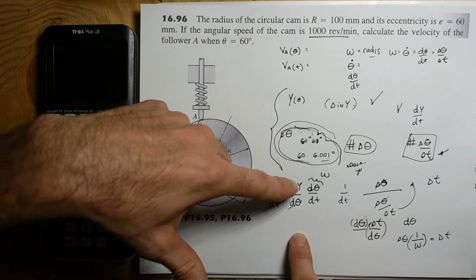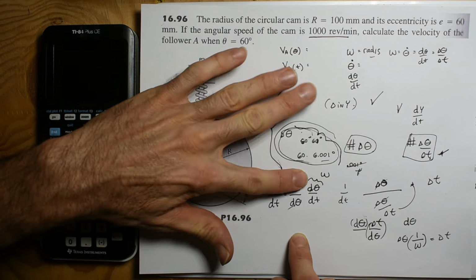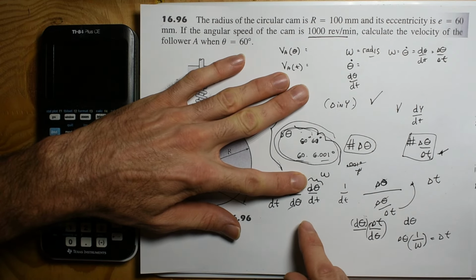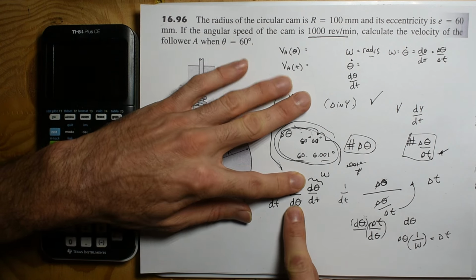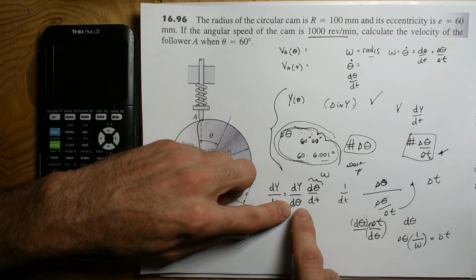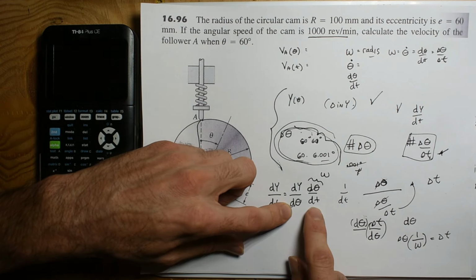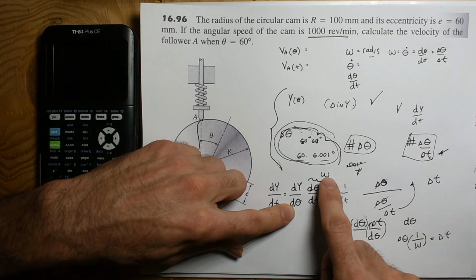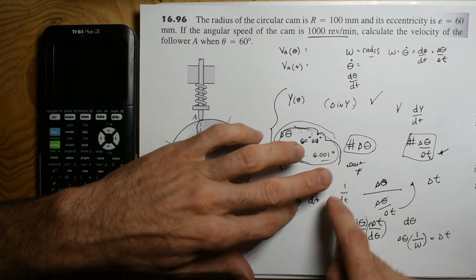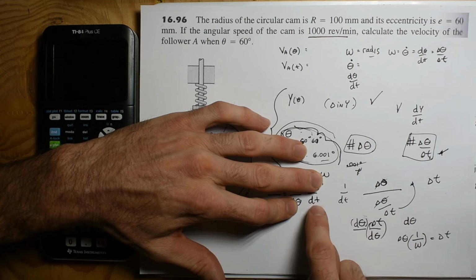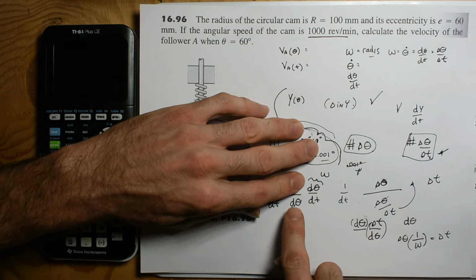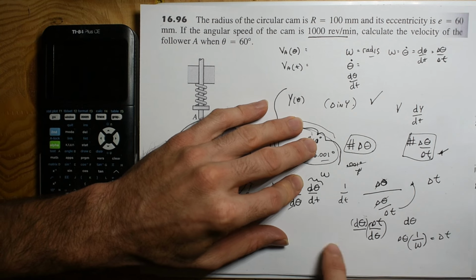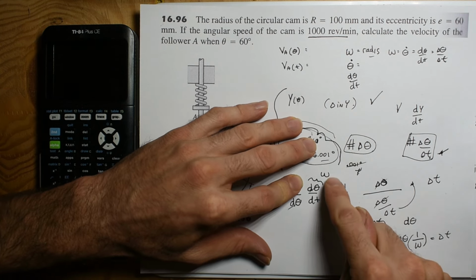So we have dy, we know what that's going to be, and then we're going to divide it by the change in theta, but then we can multiply that change in theta by the angular speed, and that's going to give us that change in time downstairs, compared to just finding the change in angle and then dividing by omega.